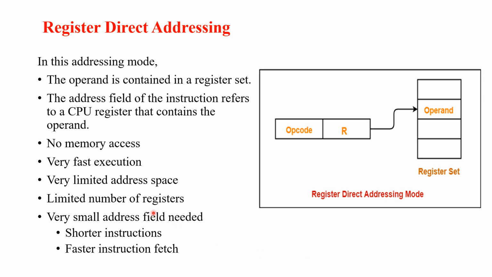However, it comes with some limitations. The number of available registers is usually limited, meaning that the address space is smaller compared to the other addressing modes. But this also allows for a very small address field in the instruction, resulting in shorter instructions that can be fetched more quickly.